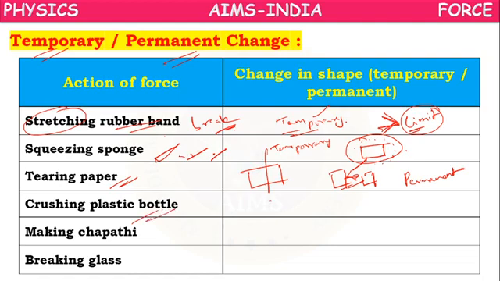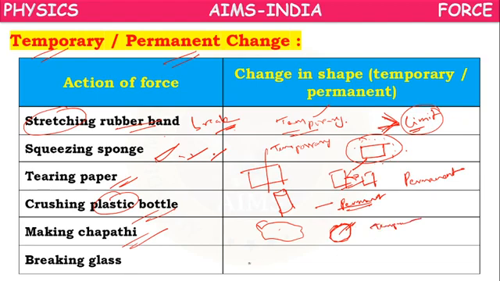Or crushing a plastic bottle. It's permanent, because it's not elastic. It's a plastic bottle, we cannot make it into its normal shape again. Or making chapati: whatever wheat flour is there, we can make it into any desired shape. It's a temporary change.